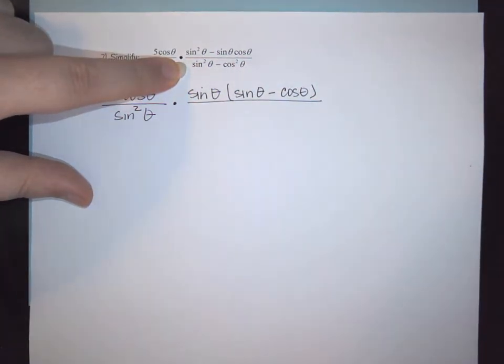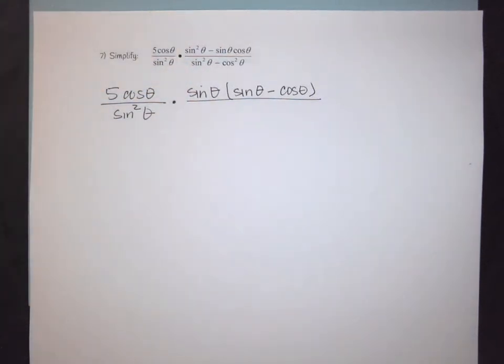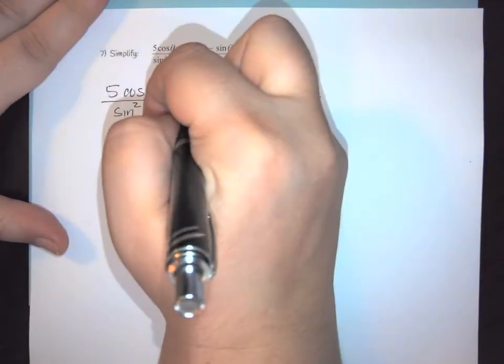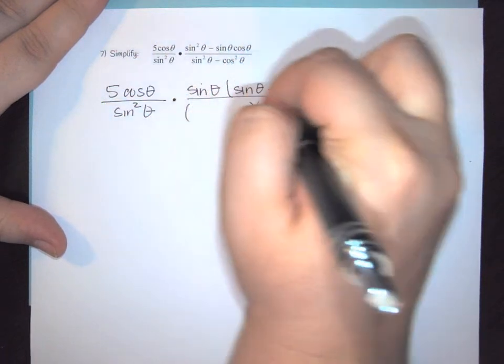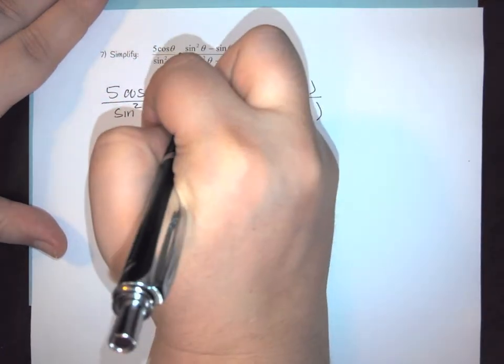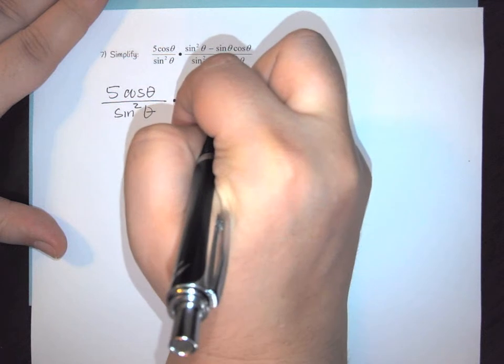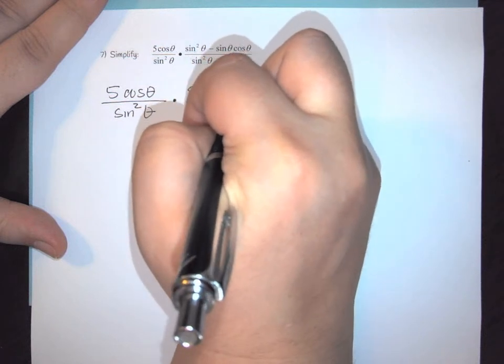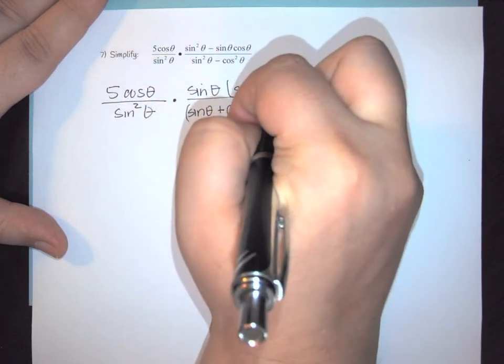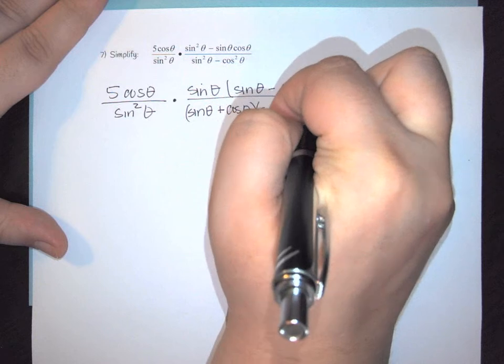On the bottom, I have sine squared minus cosine squared, which is a difference of squares. So I know that I can actually write this in a factored form that says sine of theta plus the cosine of theta, and then I have sine of theta minus the cosine of theta.